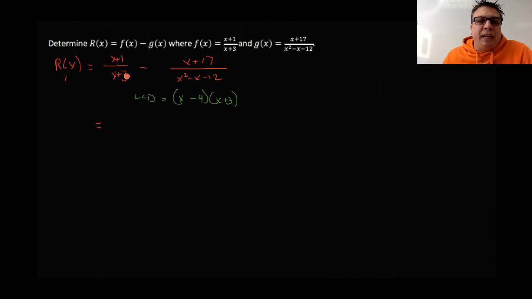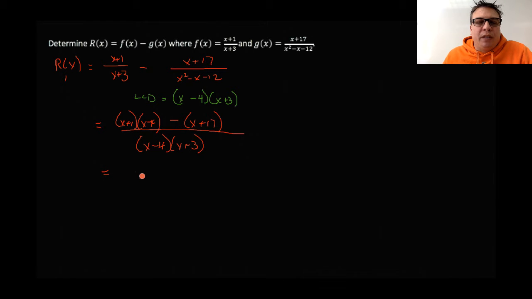So I have to get common denominators, which means my common denominator is going to be the x minus 4 times the x plus 3. It's already set here. It has all the information that I need. Here I need to introduce, I have an x plus 1 there, and I need to introduce the x minus 4. And then I'm going to subtract from that x plus 17.